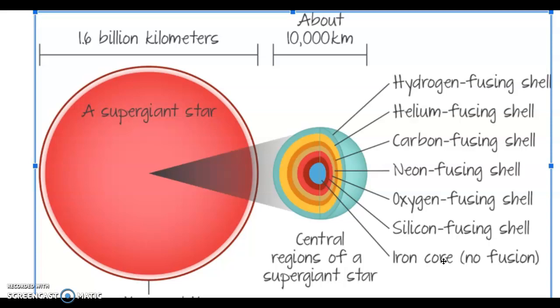Iron is the one that requires the most energy to fuse with another iron nucleus. So therefore, it's harder for it to happen. So once that process ends with iron, once we cannot generate more heat because fusion can no longer take place, then a big star starts to die.